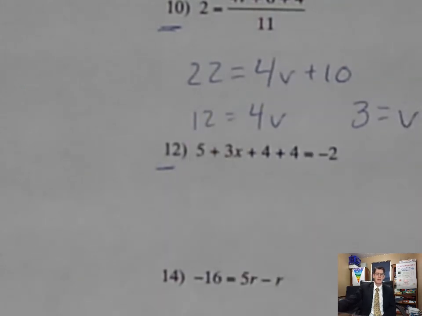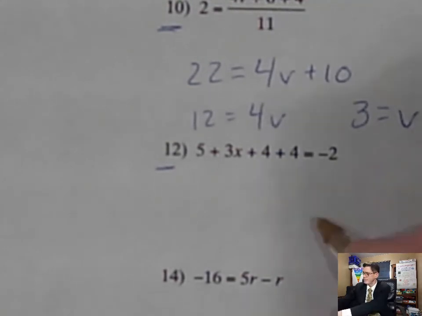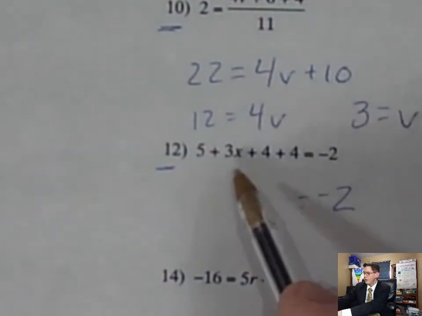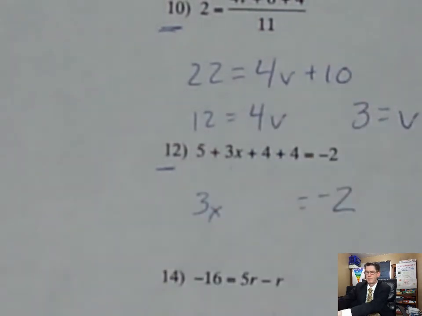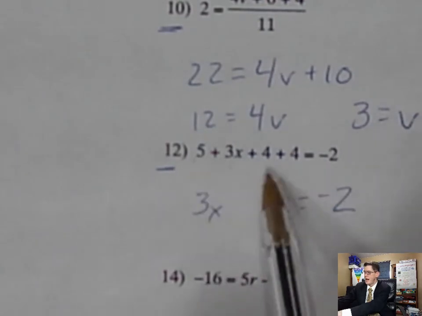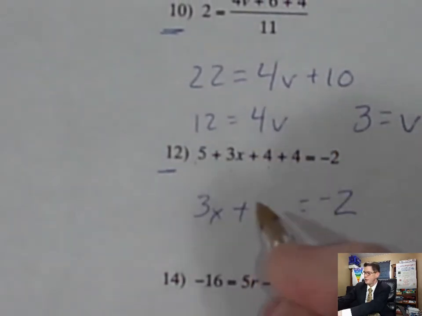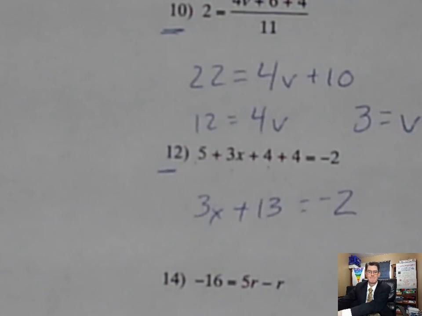Okay, number 12, combine the like terms and see what you get. Three x's all along. 5 plus 4 plus 4 is 13. And with that, we're just about done.